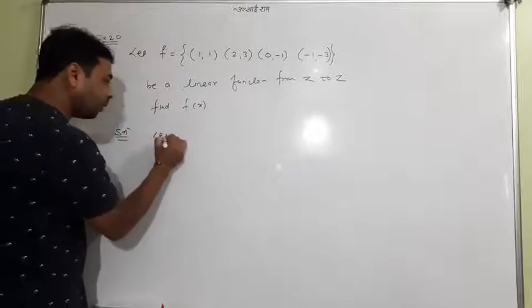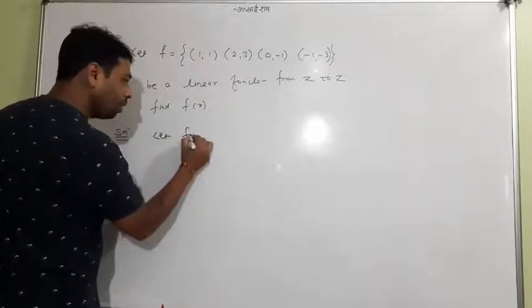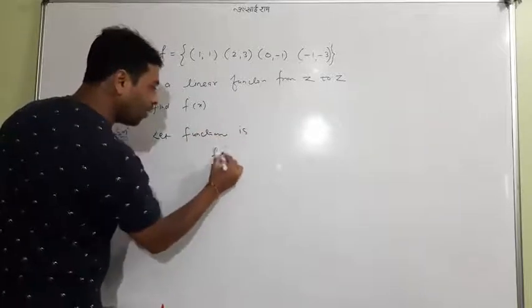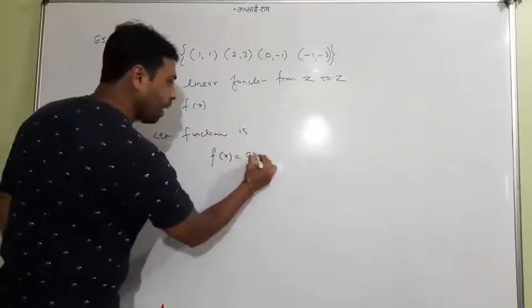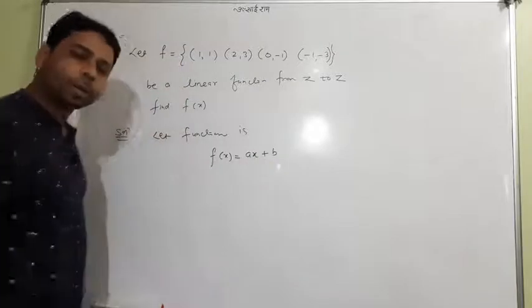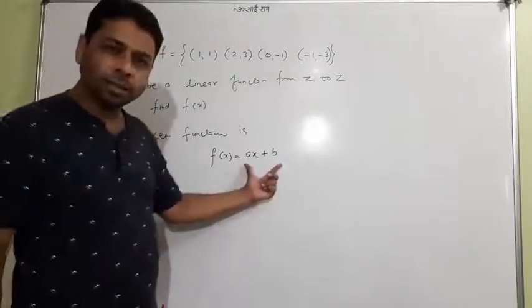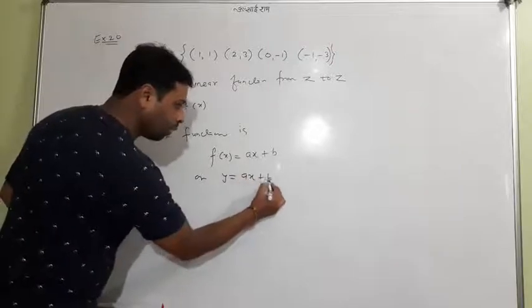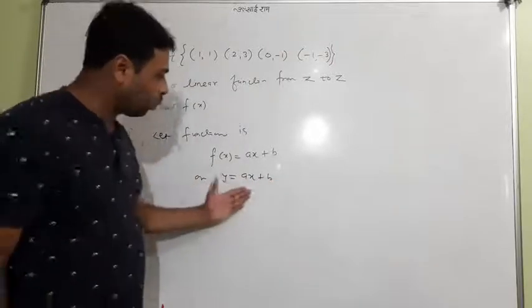Let the function be f of x equal to ax plus b. You need not be surprised why I have taken this. Actually f of x is y, so now read it as y equal to ax plus b.